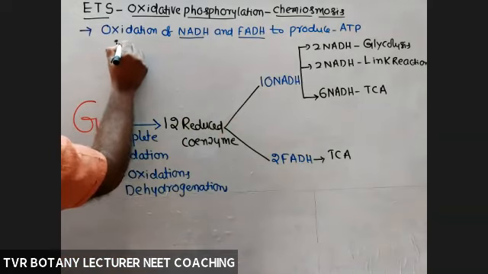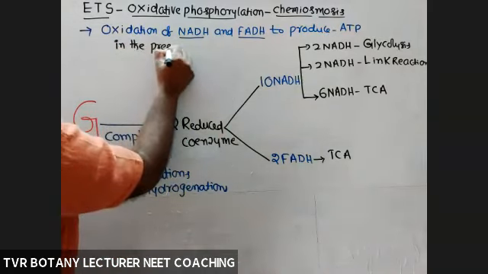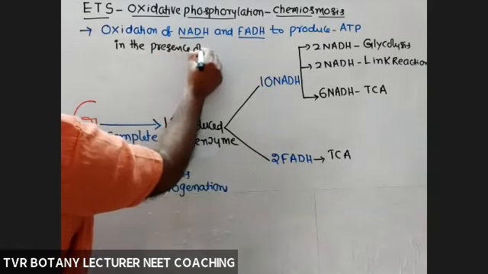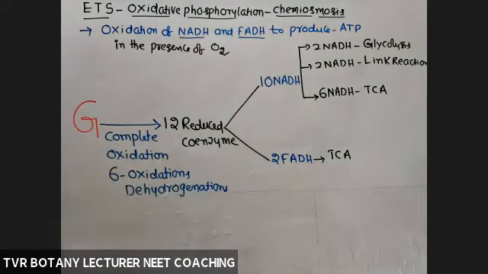So in the presence of oxygen, hence the name oxidative phosphorylation. Okay, so according to the textbook, even though it is aerobic respiration, the involvement of oxygen comes into the picture at the time of the electron transport system.